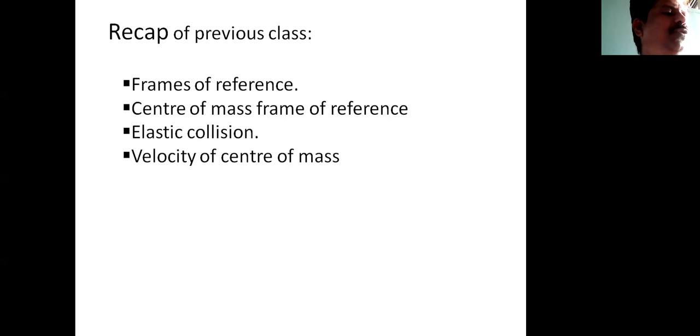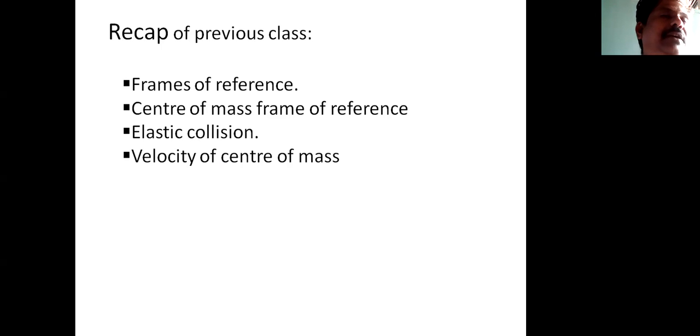Then VCM equals 0, so that PCM, that means the linear momentum of that system, is 0. So this frame of reference is called the center of mass frame of reference.